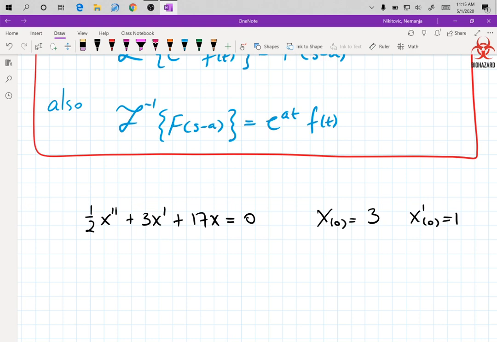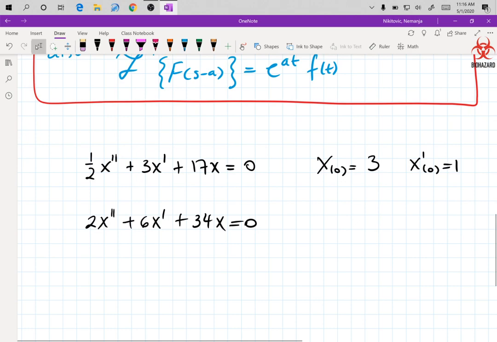The first order of business is to kill the fraction by multiplying all of this by 2. That gives us 2x double prime plus 6x prime plus 34x equals 0. That makes everything easy. And then we hit this with the Laplace transform.